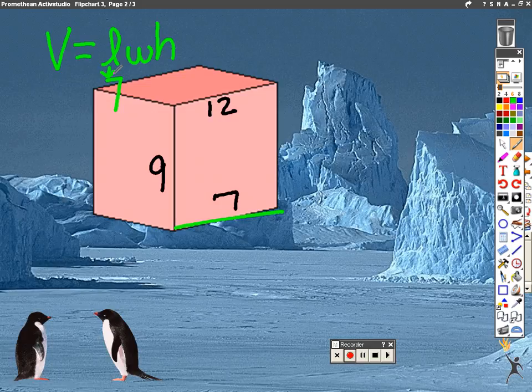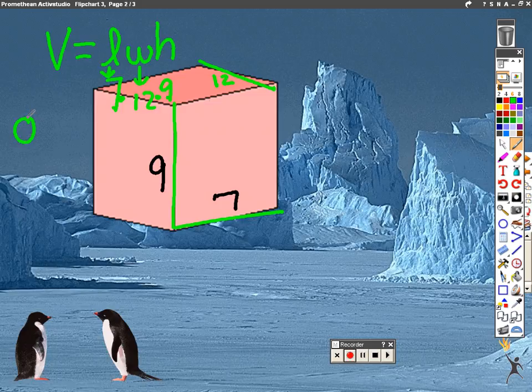Okay, because I had 7 and 12 in the same place. So let me erase. I didn't label my picture correctly, so I'm going to put the 12 here. Okay, so 12 is going to be the width of my box, and my height is 9, and the operation is multiplication.